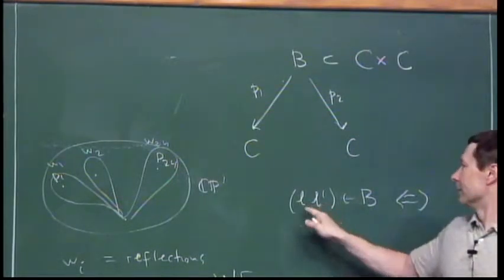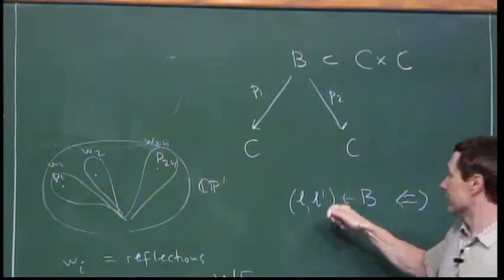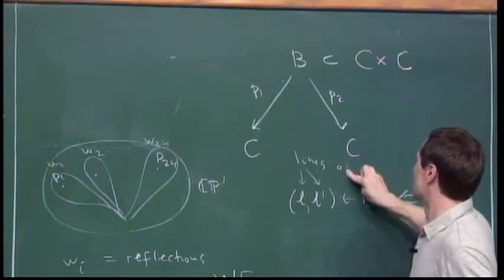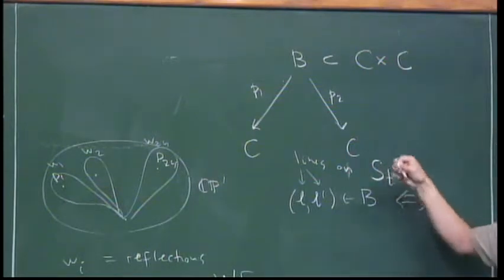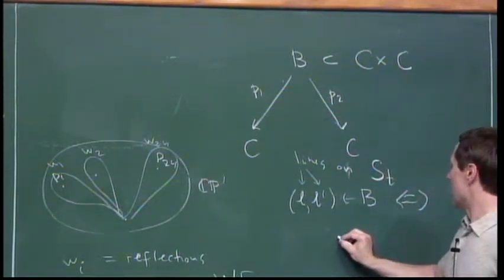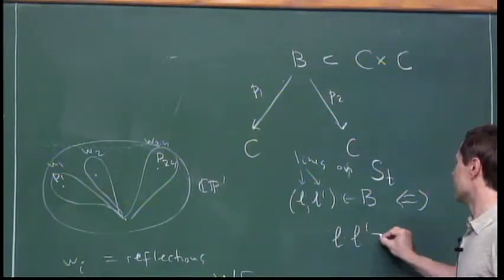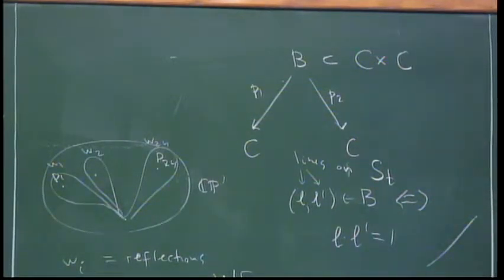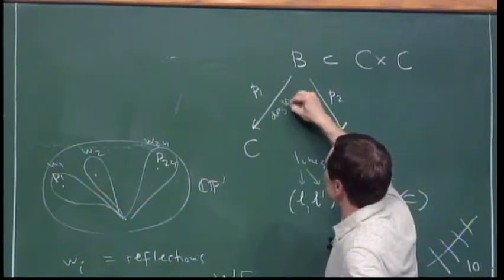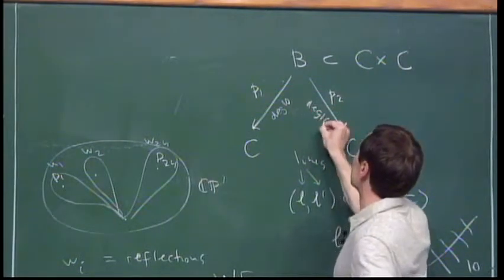These are lines on some surface S_t in this pencil. And you say that they're in a correspondence if these lines intersect at a single point. And so on a cubic surface, every line intersects 10 other lines. And so therefore, this is a map of degree 10, and this is a map of degree 10.